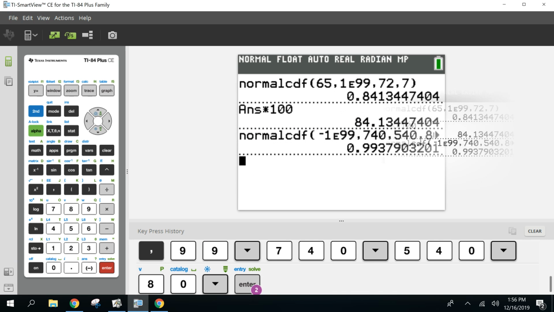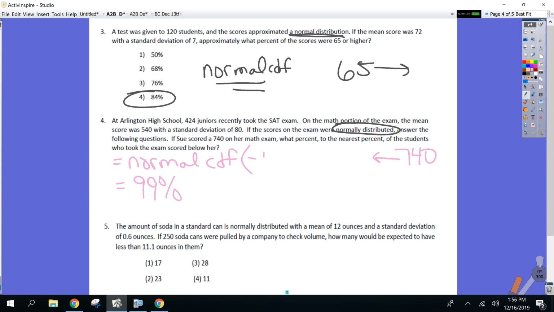Here's what you would do: negative 1E99, comma 740, comma 540, comma 80. There you go. That's what I need to see for work. Okay? If it's multiple choice, I don't need to see any work.